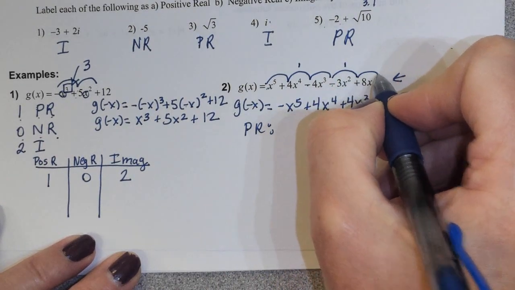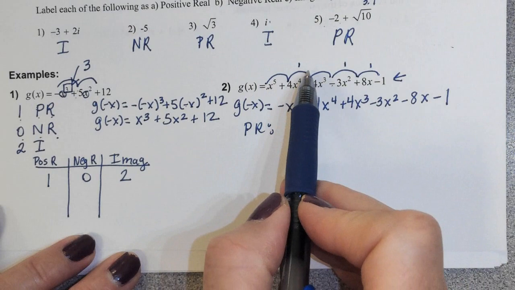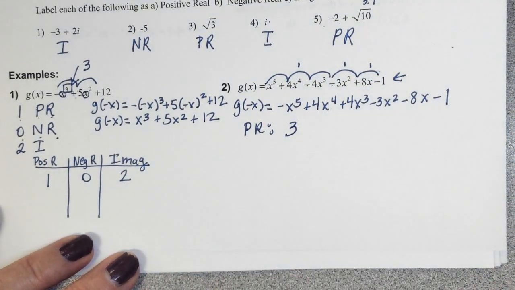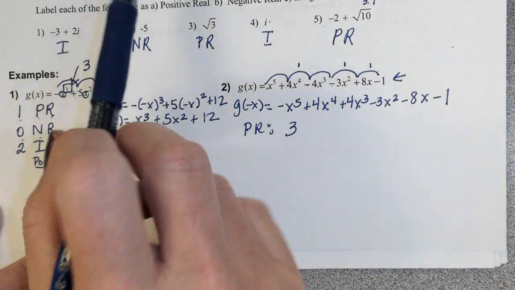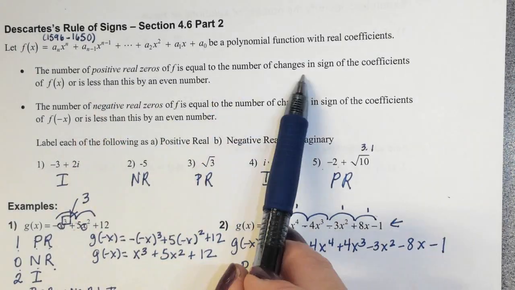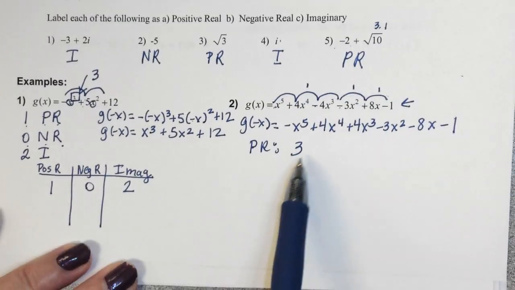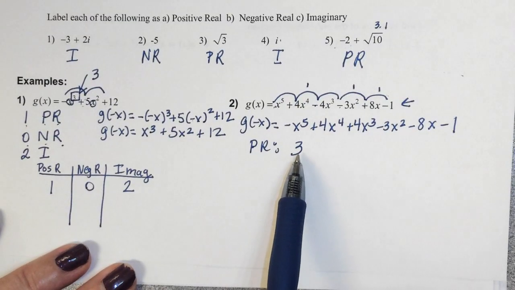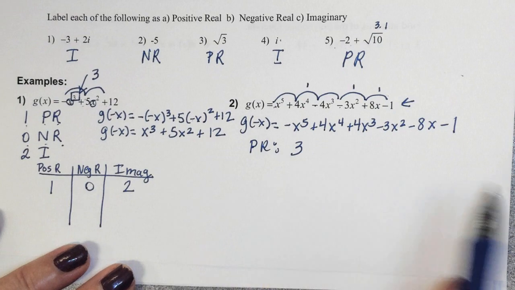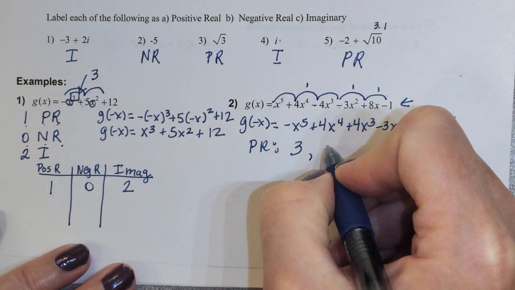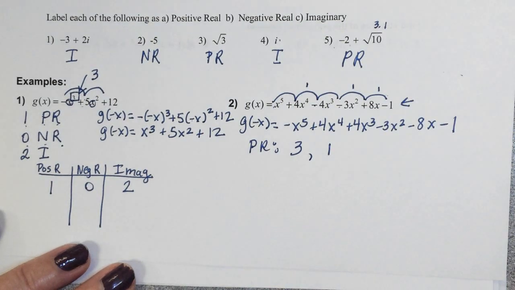And then positive to negative, there's another one. So I have 1, 2, 3 sign changes on g of x. But Descartes' rule of signs says I can have this or less than this by an even number. Well, 2 is even, so I can take away 2. So I can either have 3 positive reals or I could have 1 positive real.